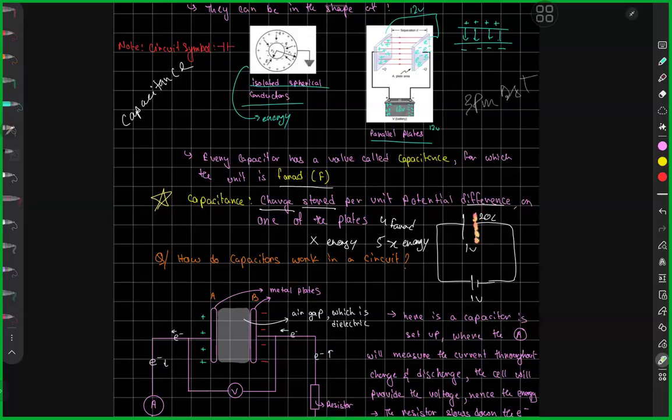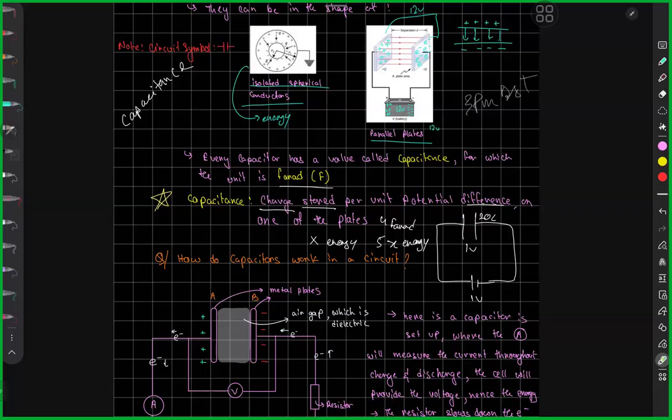So let's say one of the capacitor, whatever the capacitor may be, stores 20 coulomb of charge, let's say negative charge on this plate, and 20 coulomb of positive charge on this plate. Just because on one plate I have 20 coulomb of negative charge and 20 coulomb of positive charge, does it mean net they have stored 40 coulomb of charge? No. It doesn't matter if on one side I have negative 20 coulomb of charge and the other I have positive 20 coulomb of charge.